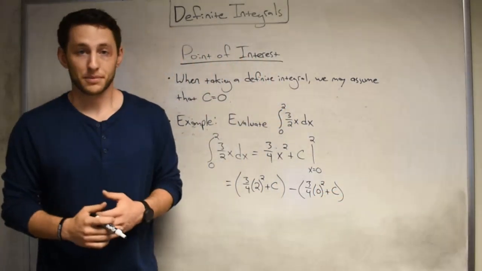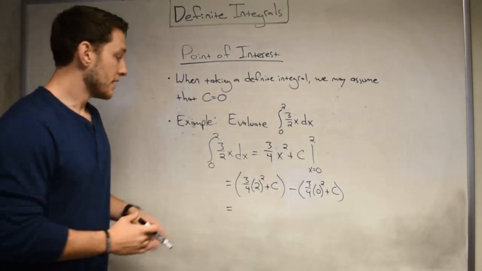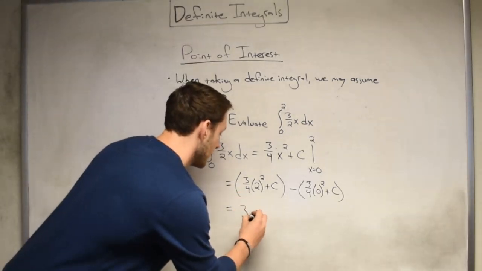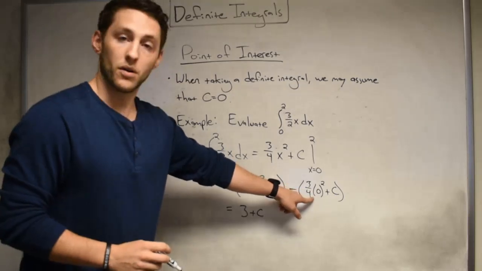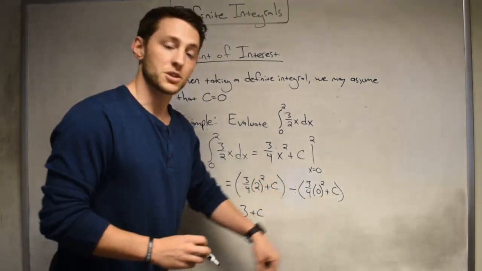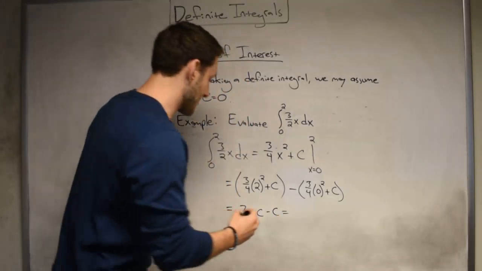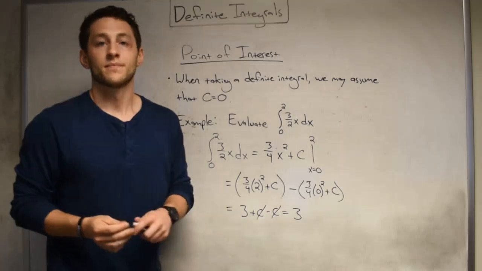From here, do some simplifying. 2 squared is 4, so what we'll end up with is 4 times 3/4, giving me 3, plus c, minus 0, but then the negative distributes, so we get minus c. Or ultimately, as an answer, we'll get 3, noting that the c's will cancel.